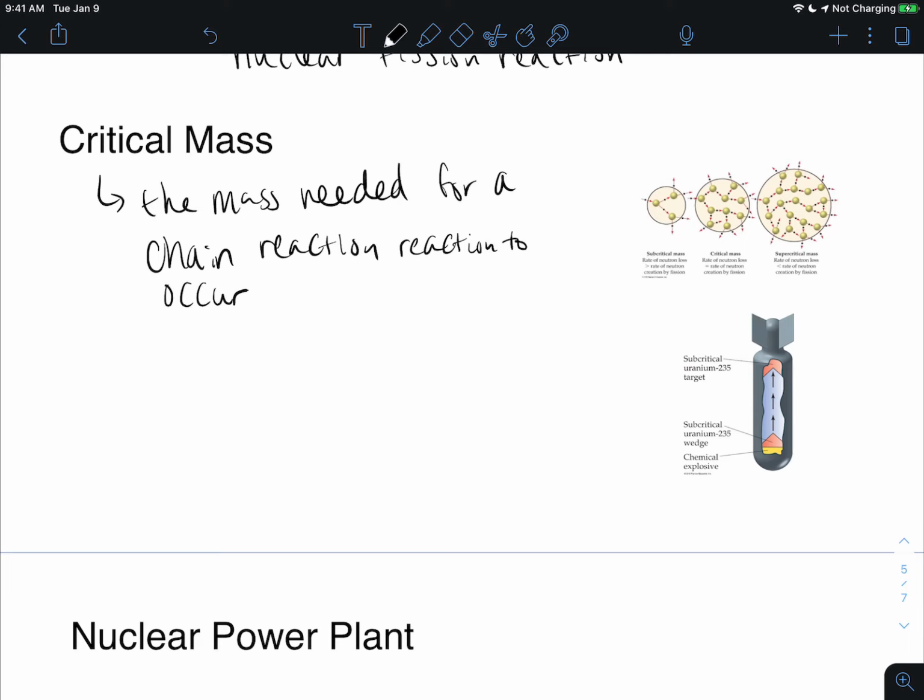Less than that critical mass is what we call a subcritical mass. We will have the neutrons leaving the material and it won't continue doing fission reactions. If we do have the critical mass, it'll just keep going over and over again. So this is how nuclear power plants work.